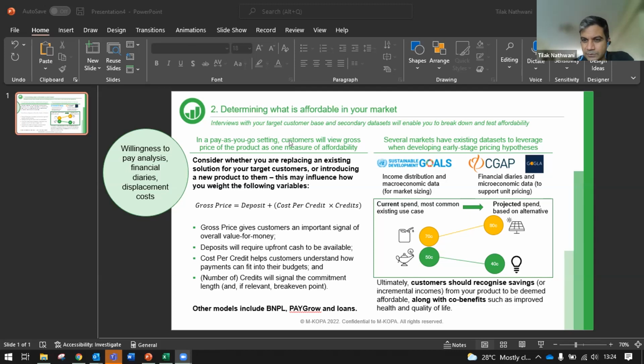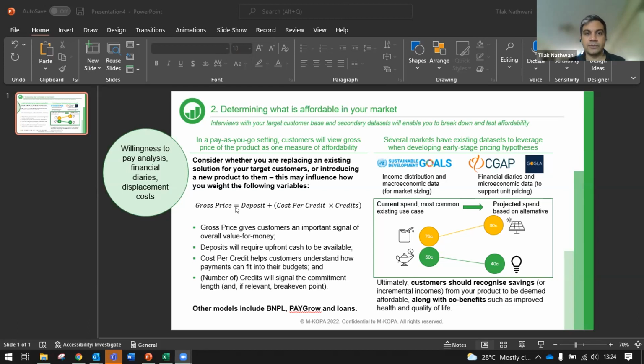One point I'll mention up front is, when you're looking at pricing, it's been helpful for us to think about whether you're replacing an existing solution for your target customer base or introducing a completely new product to them, because that might influence how you weight things.